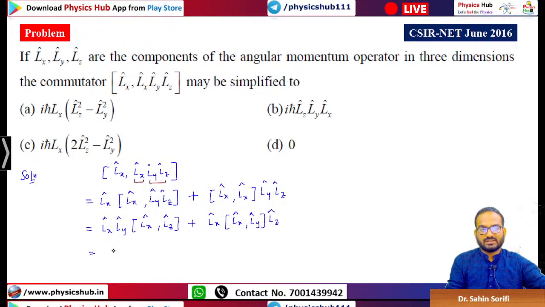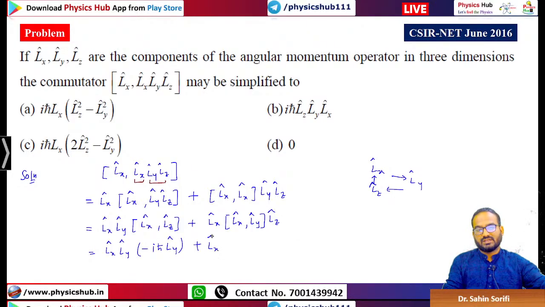Now for [Lx, Lz], you can draw the cyclic thing. It will help you decide without any mistake. For [Lx, Lz], we are going in the opposite direction, anti-clockwise, so it will be minus i h cut Ly.